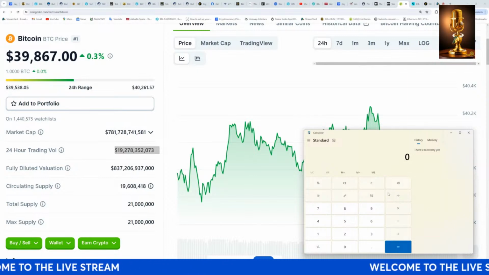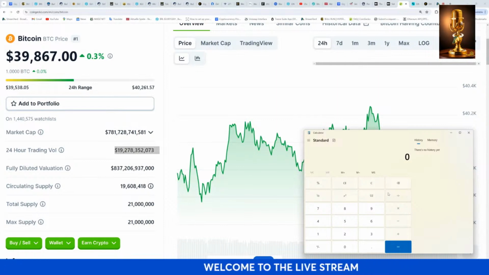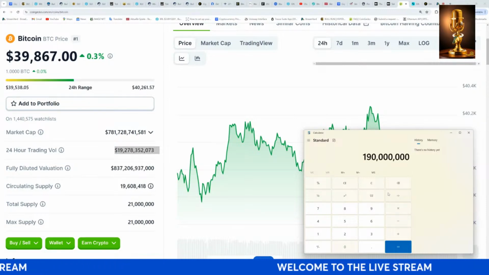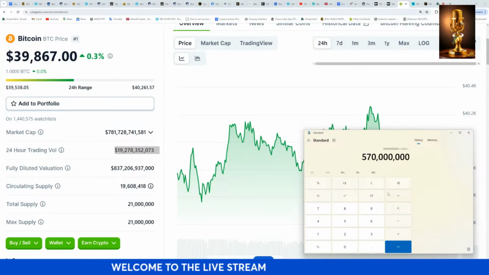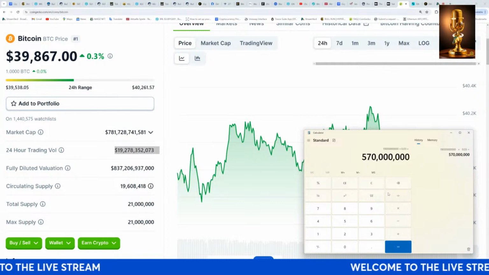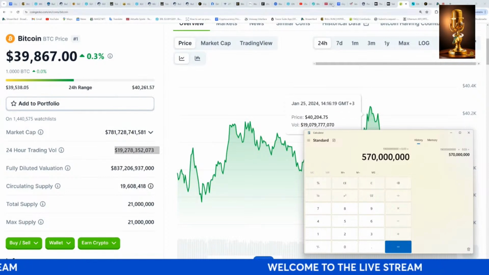So if Bitcoin would be using our tokenomics right now and retaining 3% liquidity from its volume right now of 19 billion, that would be 570 million right now in one day that it would be retaining in the liquidity pool.